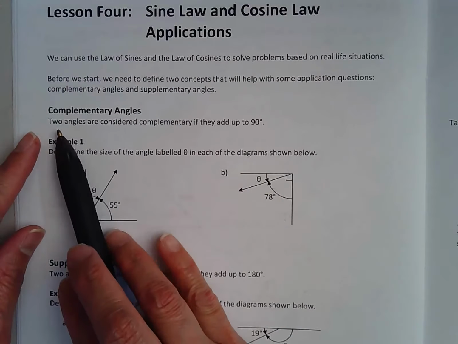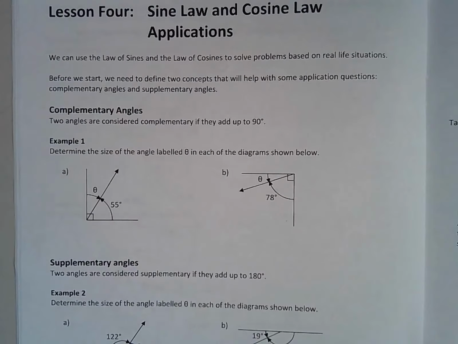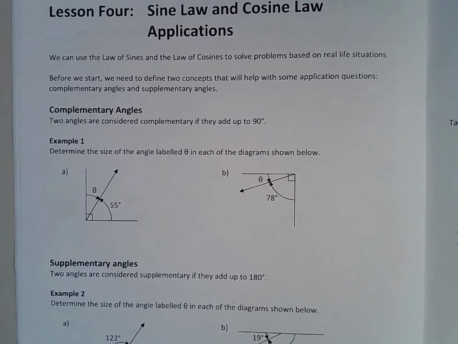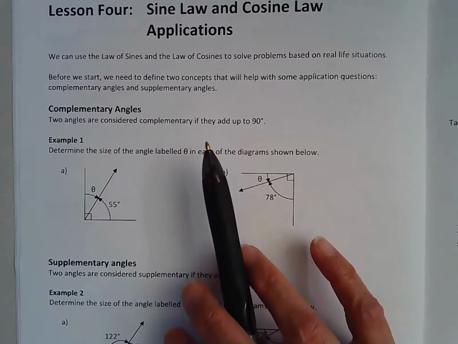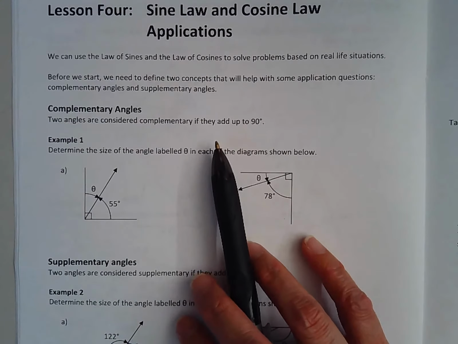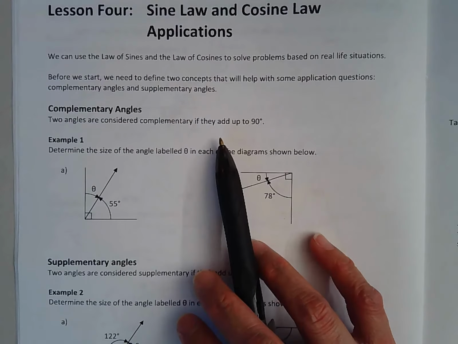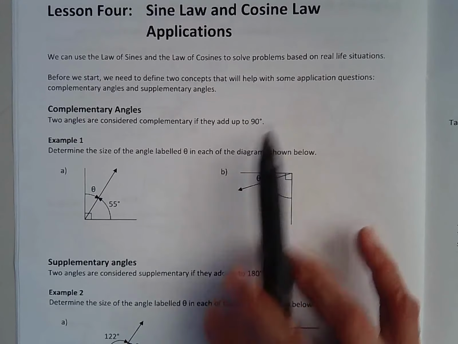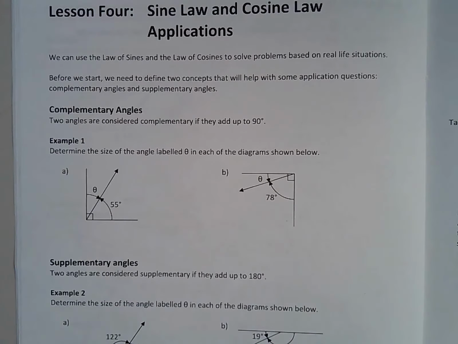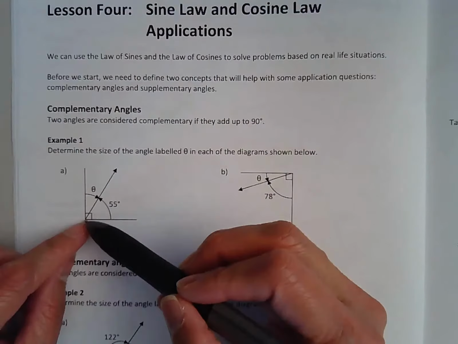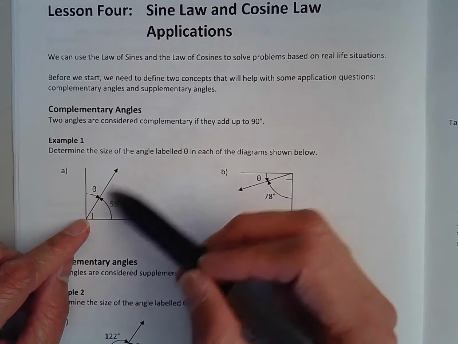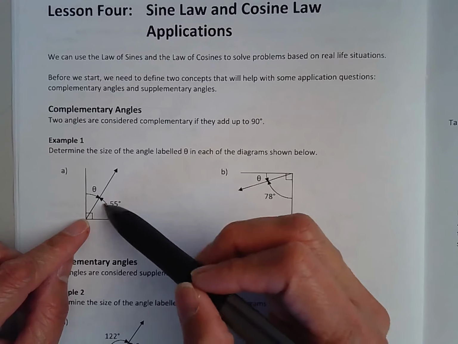So, complementary angles. Two angles are complementary if they add up to 90 degrees. They complement each other, they add up to 90 degrees. So if this is the angle here, you can look at it in two different ways.